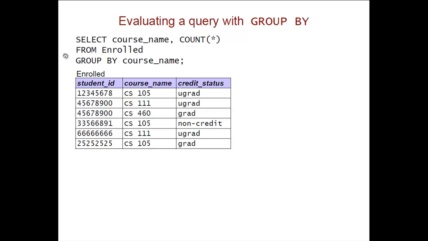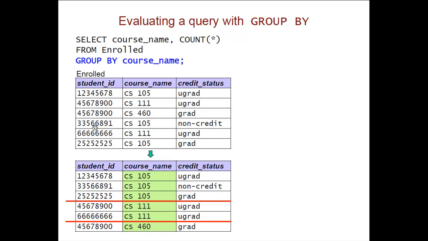Let's trace through this query more closely. The from clause gives us the entire enrolled table as a starting point. There is no where clause in this case, so we keep all of the rows. And then you can picture the group by clause as taking those rows and putting them into subgroups. So you can see we have one subgroup for all tuples in which course name is CS105, a second subgroup in which course name is CS111, and a third subgroup in which course name is CS460.